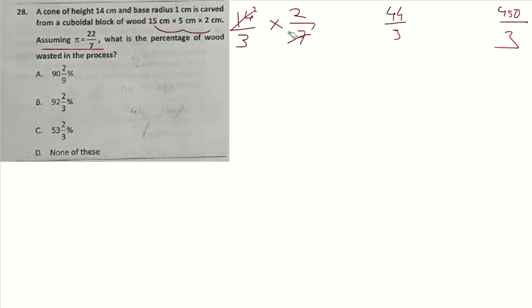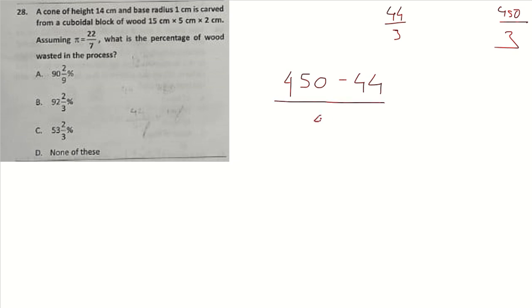So we are carving out 44 by 3 from 450 by 3. What is the percentage of wood wasted in the process? So this will be 450 minus 44 upon 450, and for the percentage into 100%.